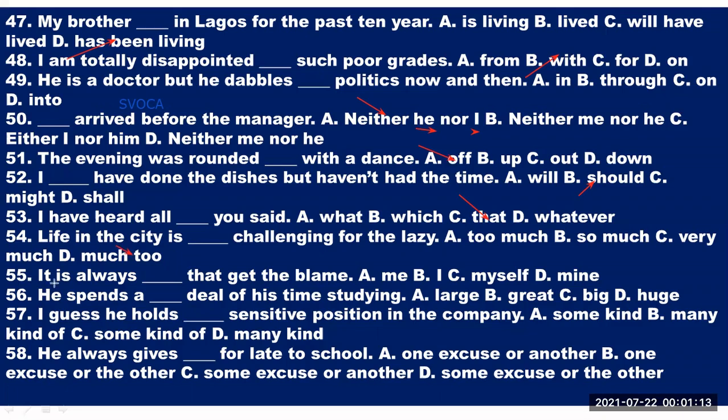Question number 55. It is always dash that get the blame. Well, option A, me. B, I. C, myself. D, mine. Well, there is a kind of controversy here. Over time, I has always been the correct use here, technically.